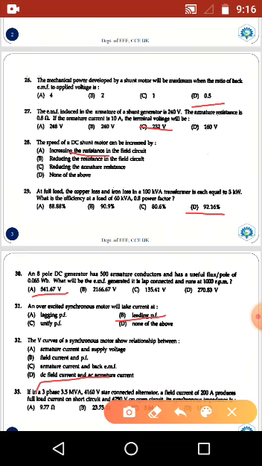It is a line value, convert it into phase value, and the short circuit current is rated current, which you can obtain from the equation power equal to root 3 V line I line. And using this equation, you will get the short circuit current. Open circuit voltage by short circuit current at a particular field current will give you the synchronous impedance, and the value is 5.64 ohm. The option is C.